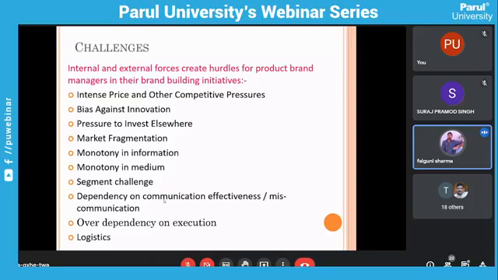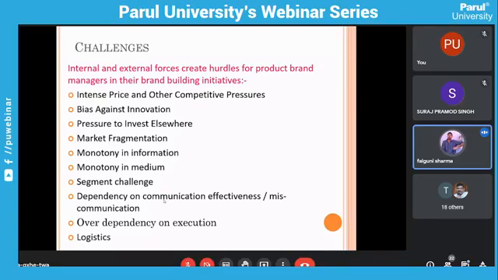Monotony in the information. If we do not expand and elaborate our information for any brand, we are not able to get growth or manage the brand well. Monotony makes a customer less attached, and it does not give versatility either.